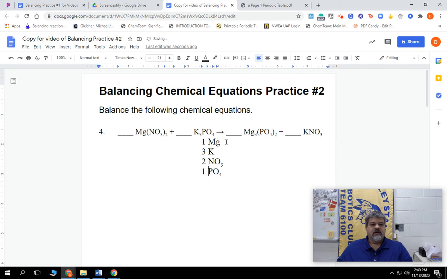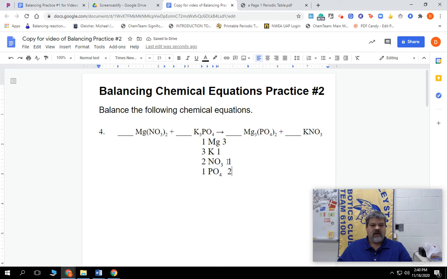Going over to this side, our magnesium, we have 3. Our potassium, no subscript, so we have 1. Our nitrate, no parentheses, so only 1. And our phosphate, we have parentheses, so we have 2 of those.